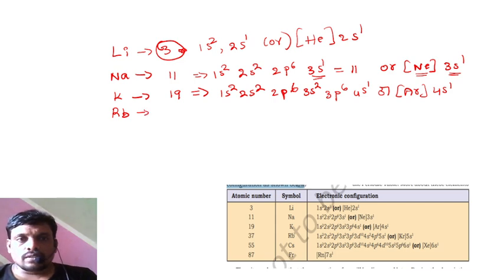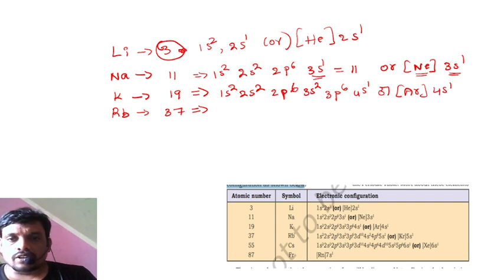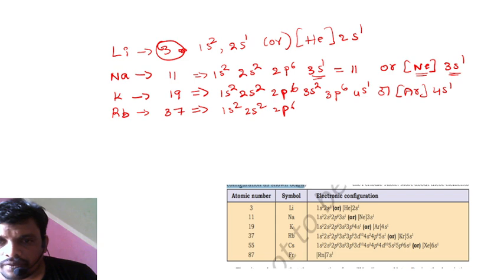So with atomic number 37, the electronic configuration is as follows: 1s2, 2s2, 2p6, as usually they are filling like that, and 3s2, 3p6, and 3d10.